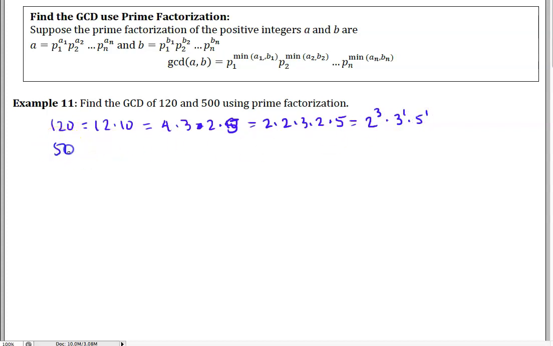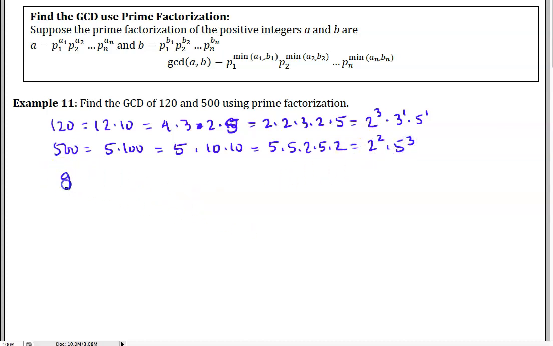And let's do 500. So this is 5 times 100, which is 5 times 10 times 10. 5 times 5 times 2 times 5 times 2. So we get 2 to the 2 and 5 to the 3.